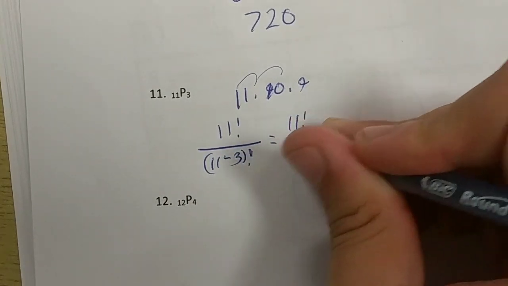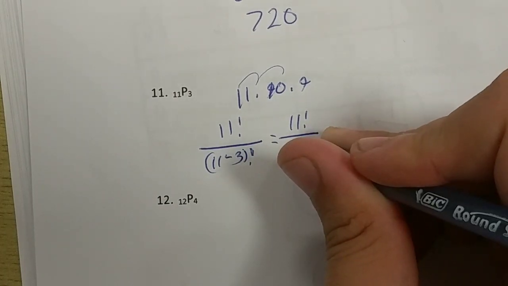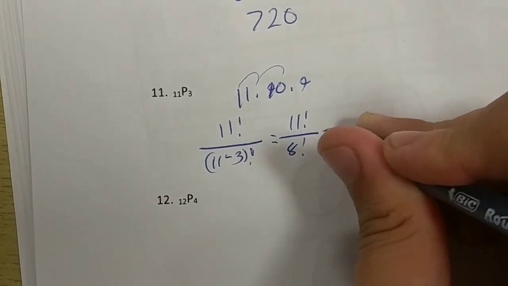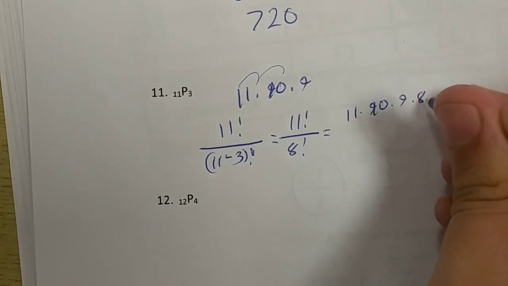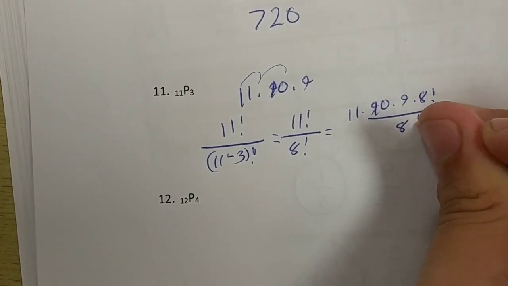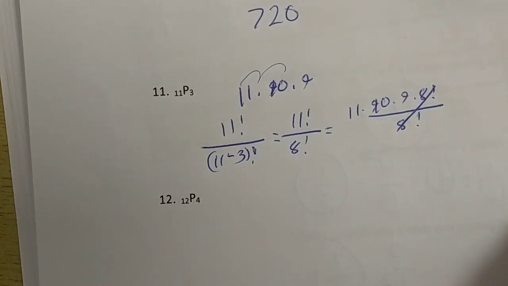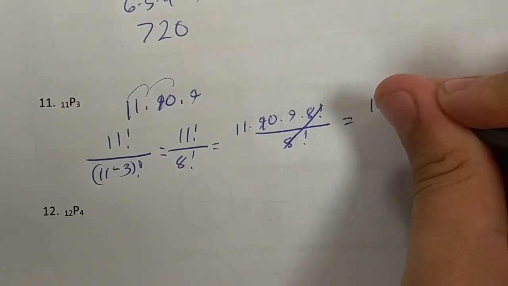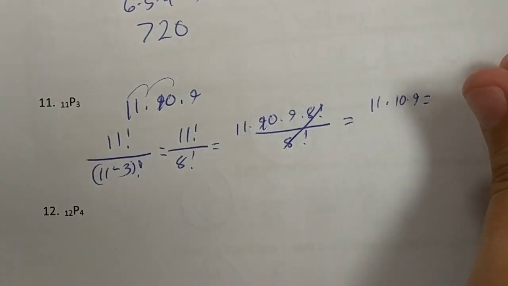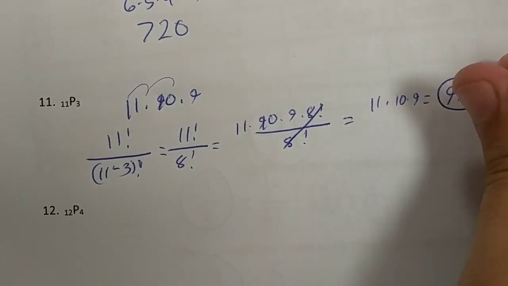So 11 factorial over 8 factorial. 11 times 10 times 9 times 8 factorial over 8 factorial. I could cross those 8 factorials out. So I'm left with 11 times 10 times 9, which equals 990.